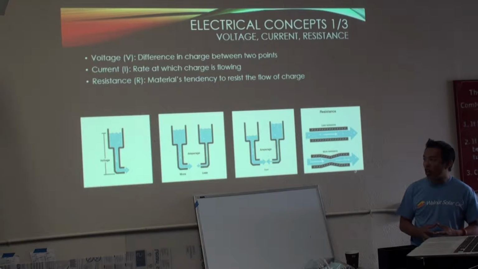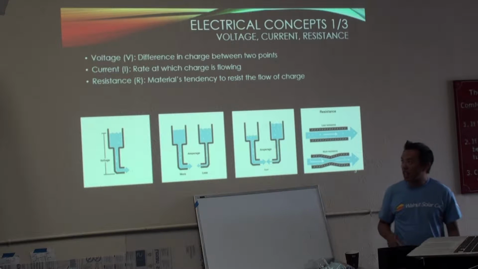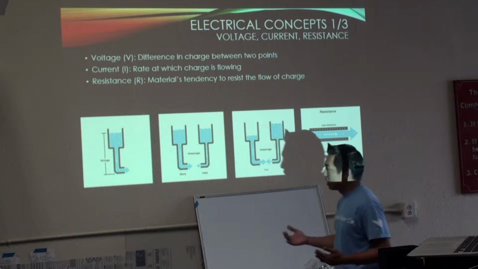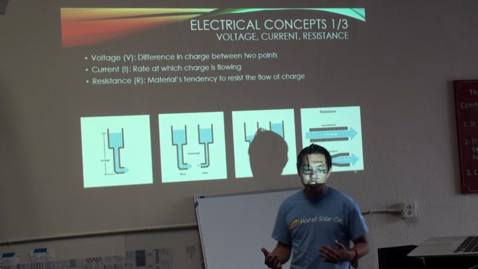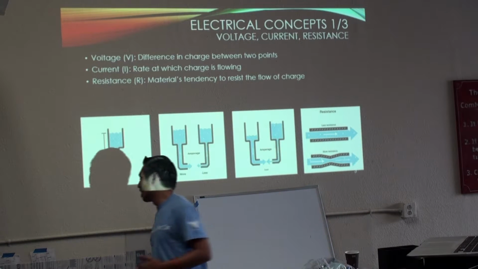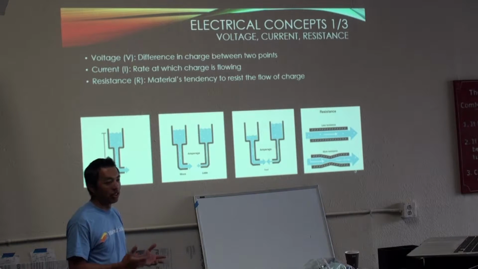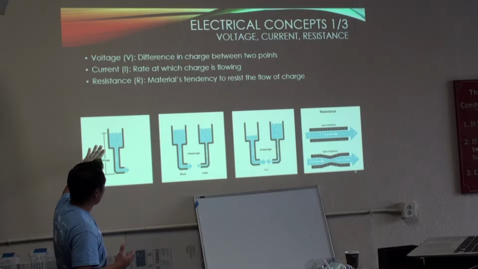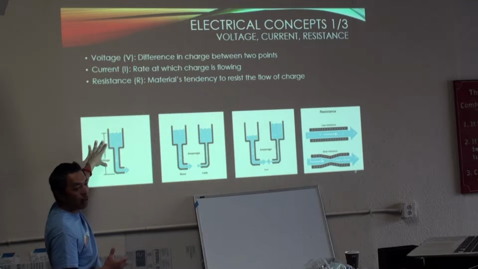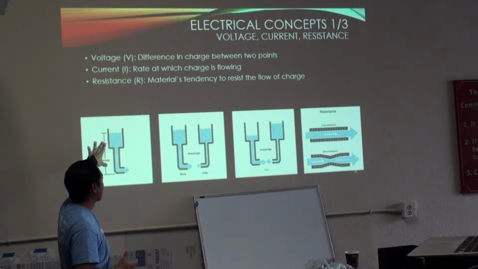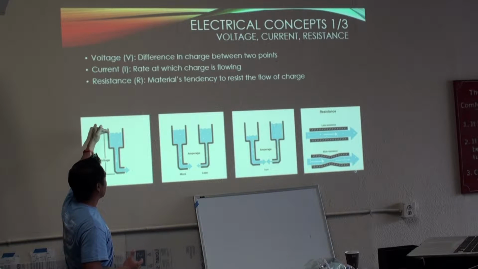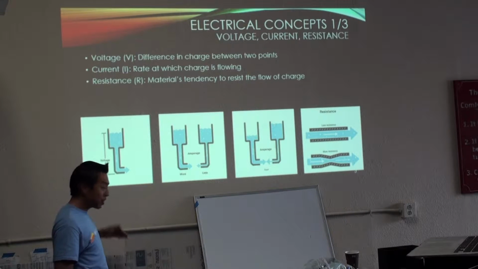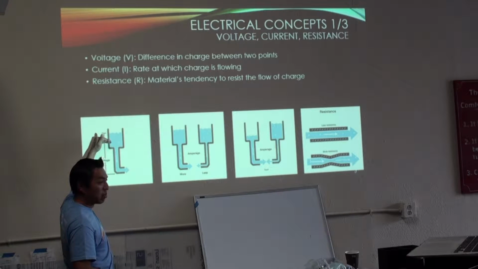Okay, in terms of voltage, it's really the difference in charge between two points, or otherwise we can say the pressure that's provided between two points. If you look at this diagram, if I build this up to the top, it will have more pressure than down on the bottom.